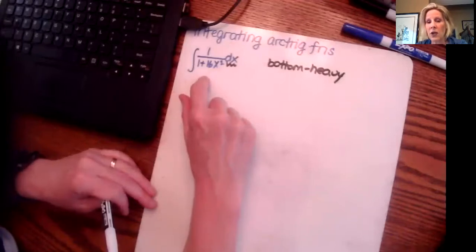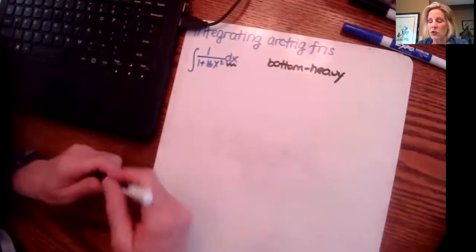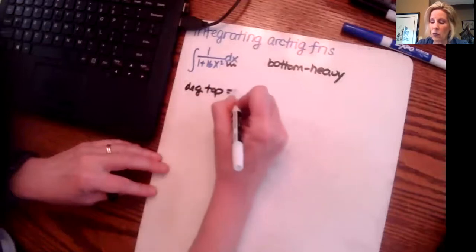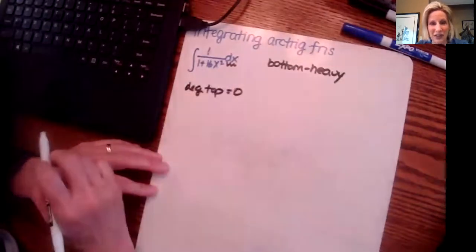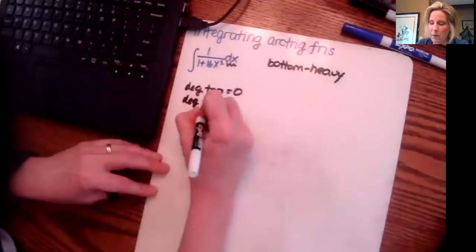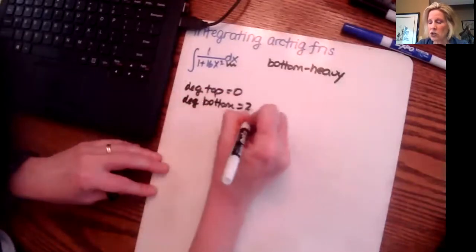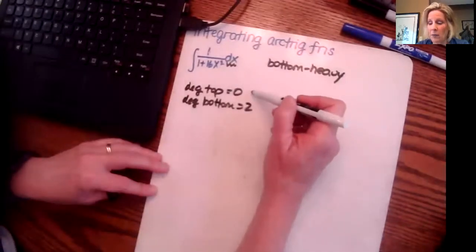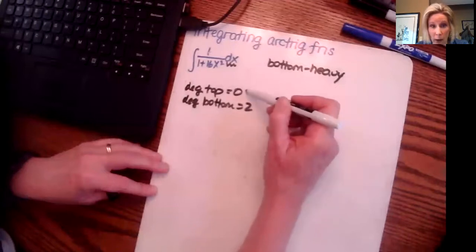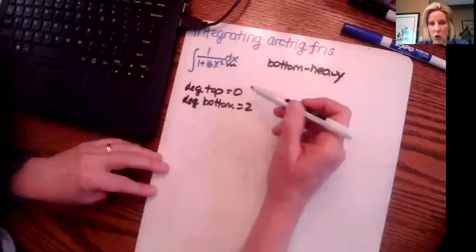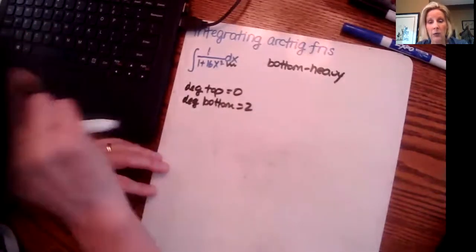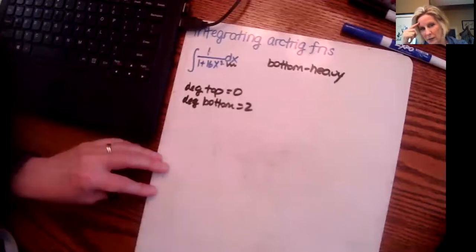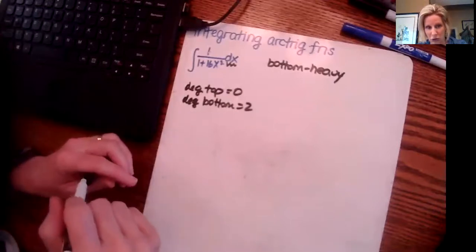Well, one thing that I've noticed that helps me is, do you see that the degree of the top is 0, because this is technically x to the 0 term, and the degree of the bottom is 2. I have learned that when the degree of the top and bottom, if it's not like 2 and 1 or 1 and 0, if they're not just 1 degree separated, then that's a lot of times a trigger for me to go, wait a minute, is this an arc trig problem?